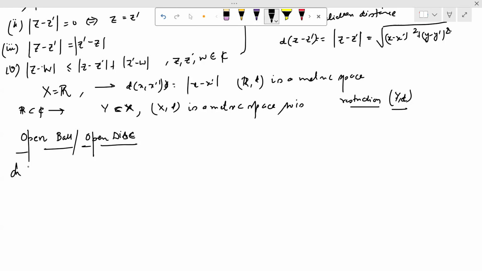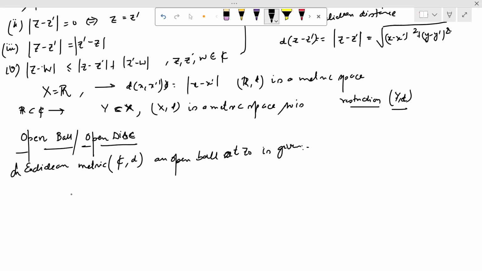In the Euclidean metric space, we already know that C with respect to the Euclidean norm forms a metric space. So in the Euclidean metric space (C, d), an open ball centered around z naught is given by this.